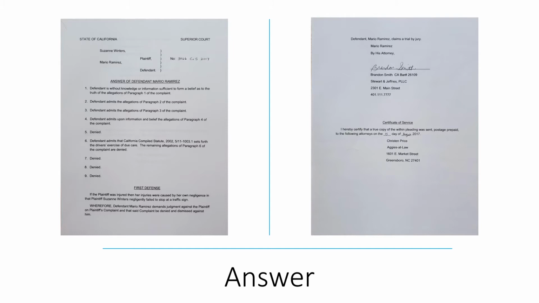And so as a defendant, you don't want to admit anything unless you're certain of it. Now, some things you can ascertain. Like if they say that you were driving on Market Street headed east at 3 o'clock, if you know you were on Market Street, you'd have to admit that part of the sentence.